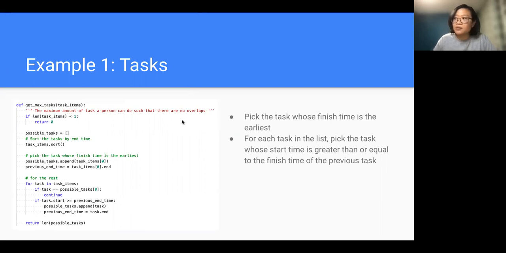I think greedy problems might be useful when you want to come up with the best solution, if you're avoiding overlaps, for example. In this case, this is one example. I'm going to talk about more examples so we can start to recognize what kinds of problems we can apply greedy algorithms to.